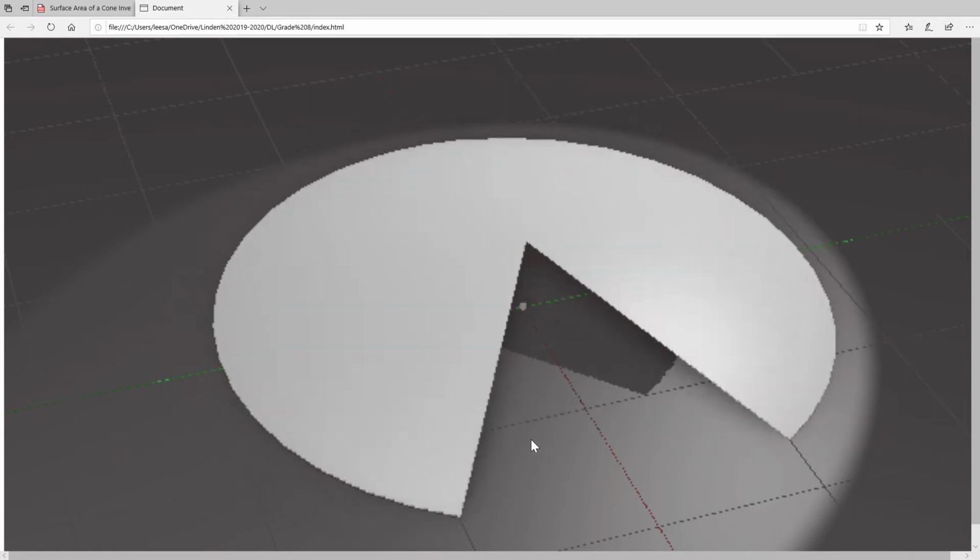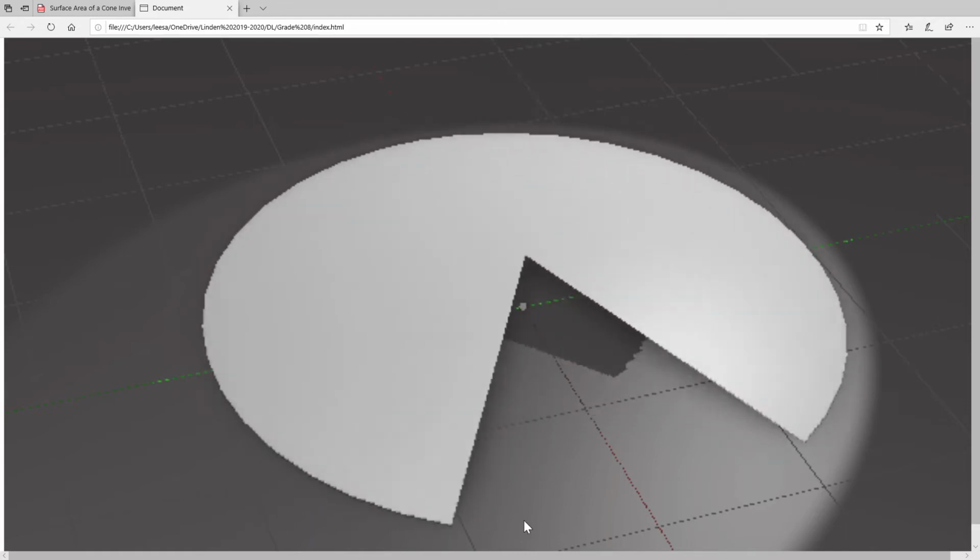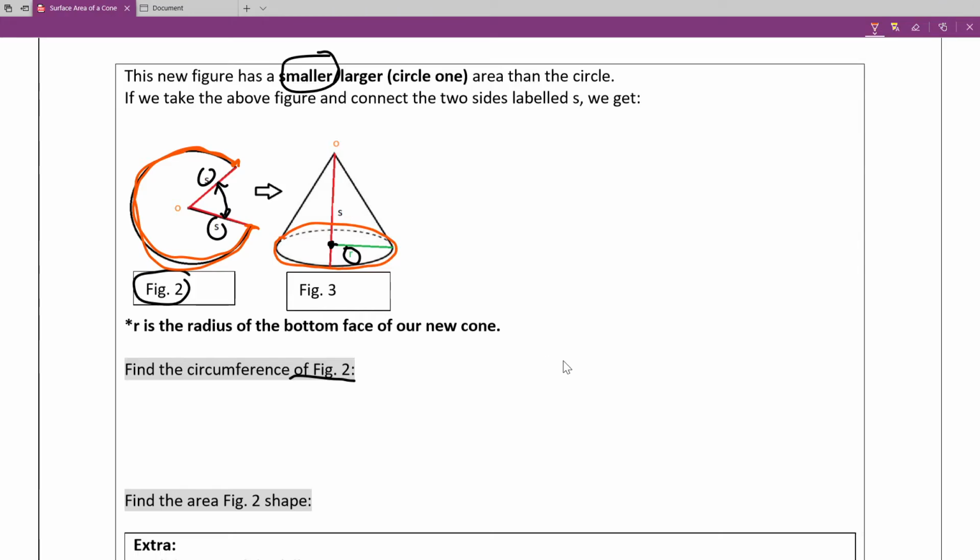So the circumference of figure 2 is the circumference of the bottom face of the cone in figure 3, which is 2 times pi times the radius, r. There we have it.